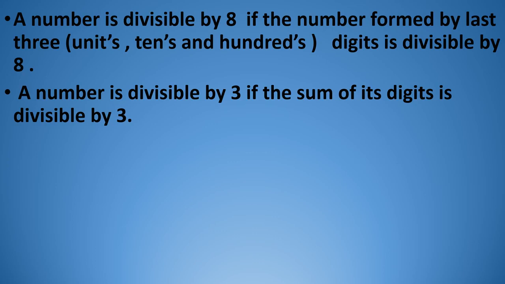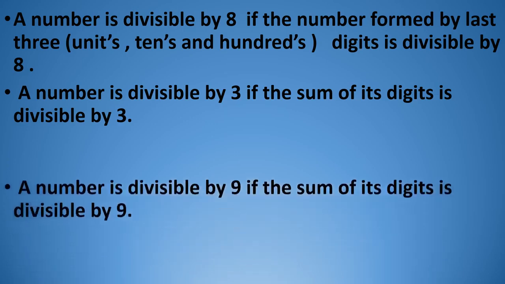Now see 3. A number is divisible by 3 if the sum of its digits is divisible by 3. We will find out the sum of all the digits. If the sum is divisible by 3, then the number is also divisible by 3. 9.